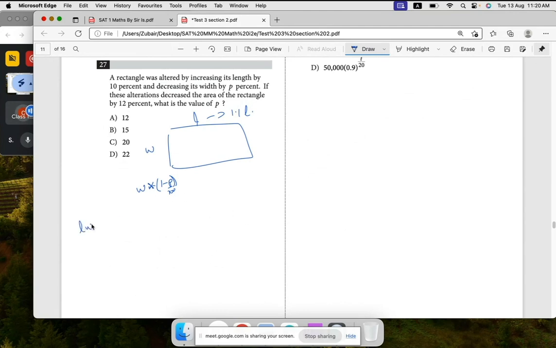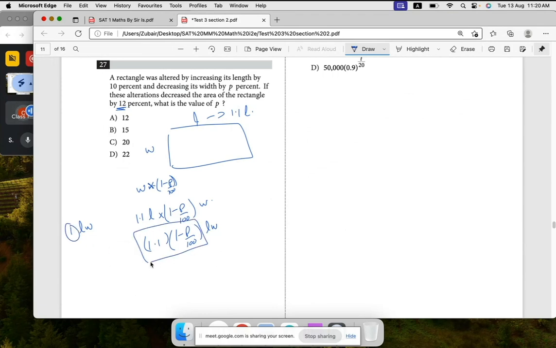First area was length into width. New area is 1.1 length into 1 minus P by 100 into W, that is 1.1 into 1 minus P by 100 times length W. So it is decreasing by 12%. That was 1.